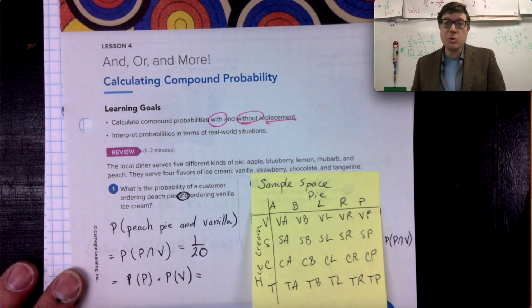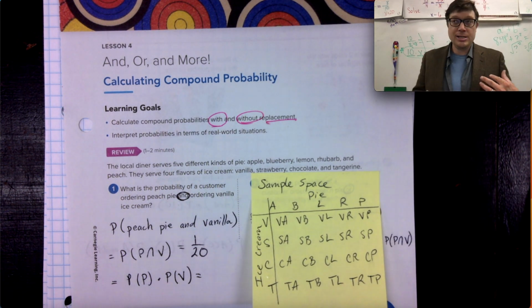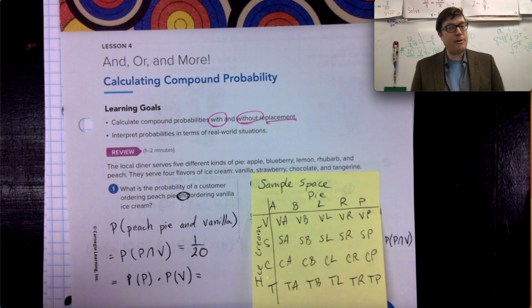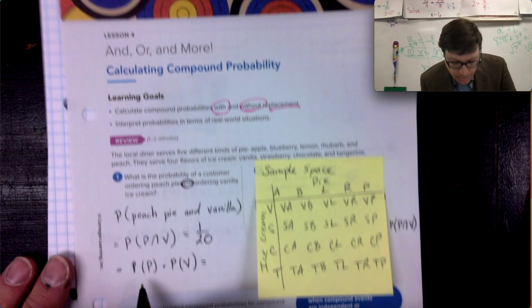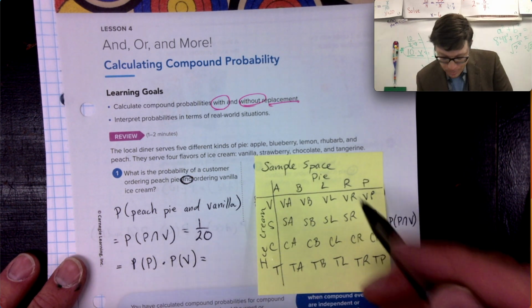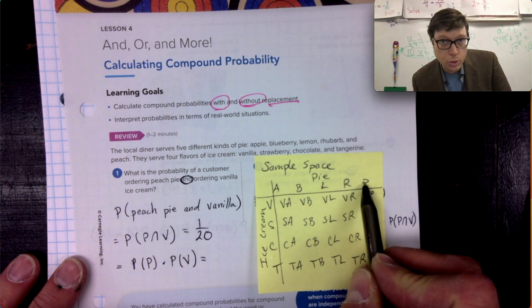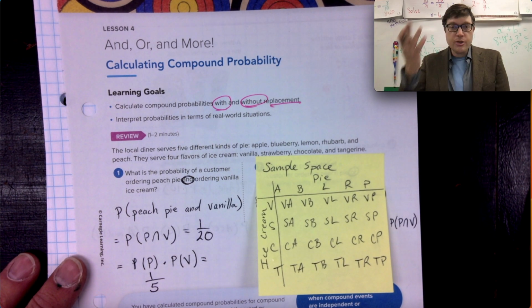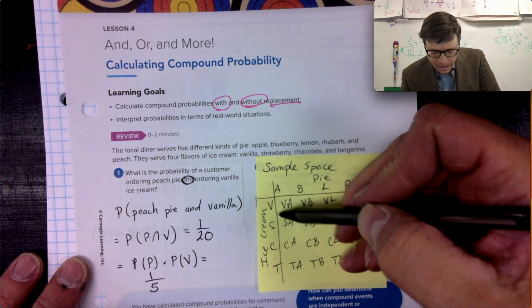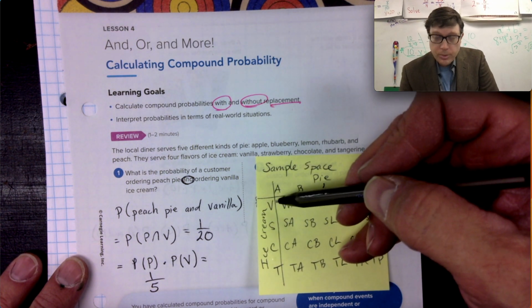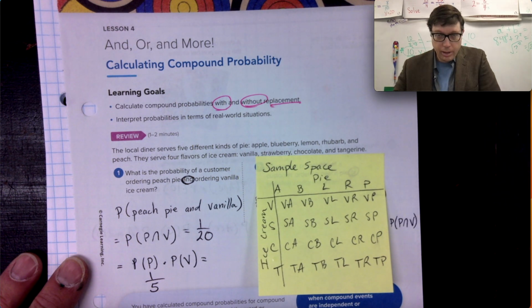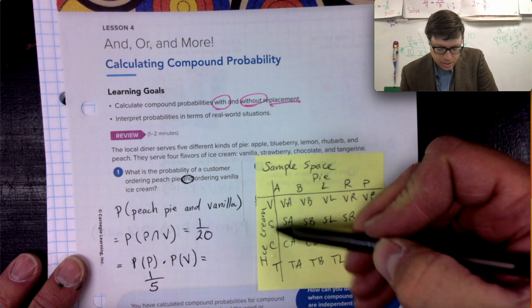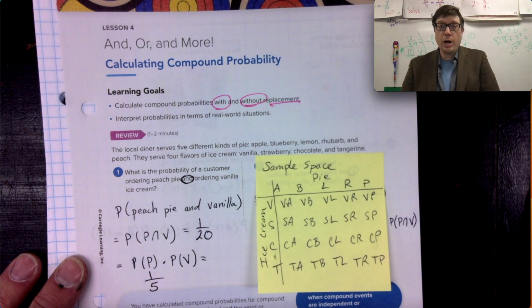But what we can do is we can separate the event of the type of pie we're going to order as the probability of ordering a peach pie. That's 1, 2, 3, 4, 5 total choices, but you're only going to choose 1 of those 5. The probability of ordering vanilla ice cream independently of ordering your pie slice would be 1, 2, 3, 4 choices. It'd be 1 of 4.